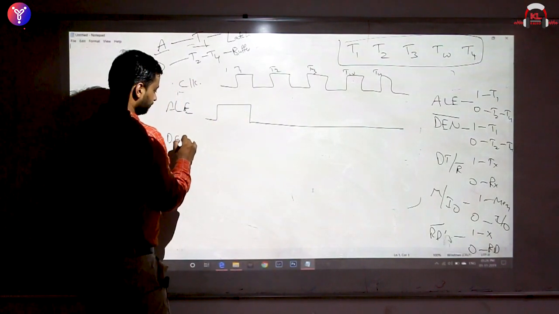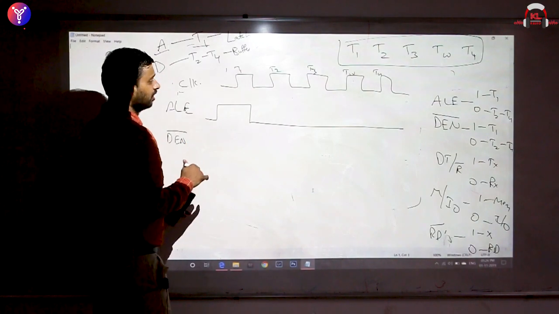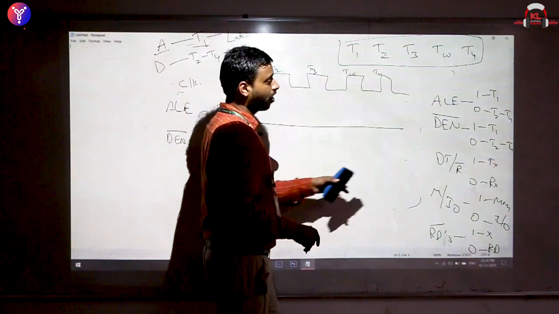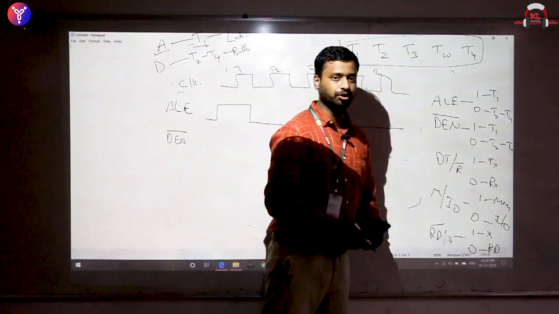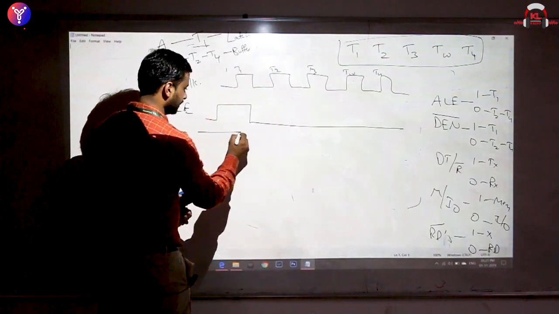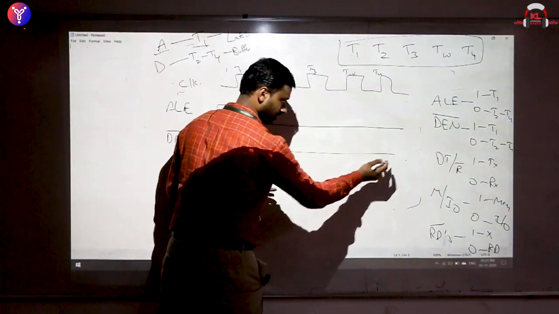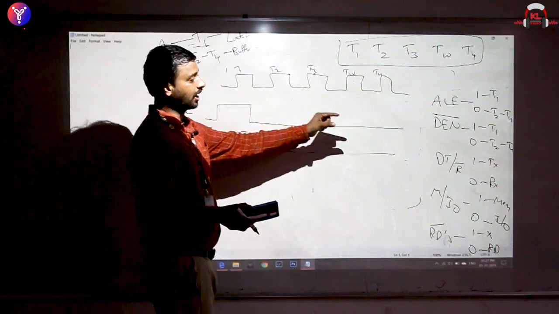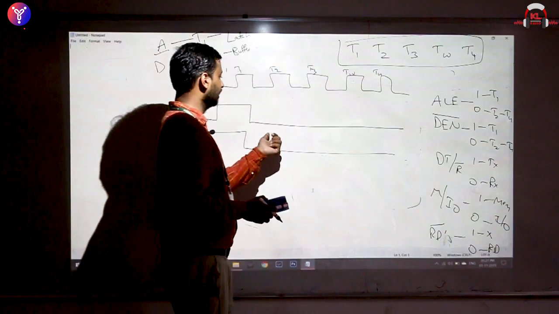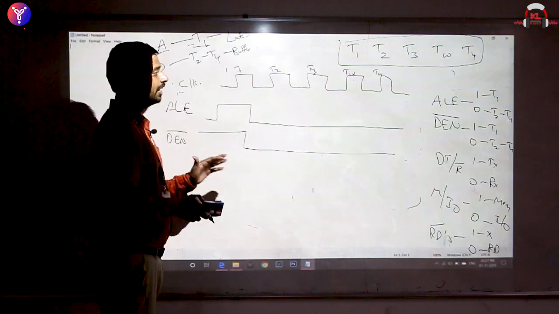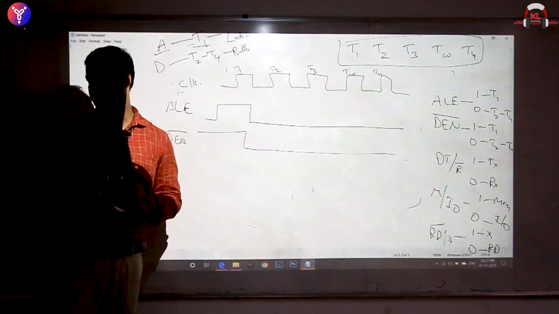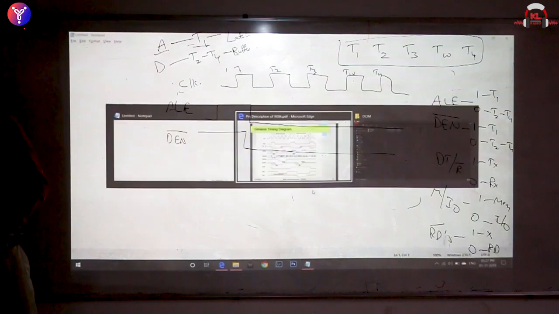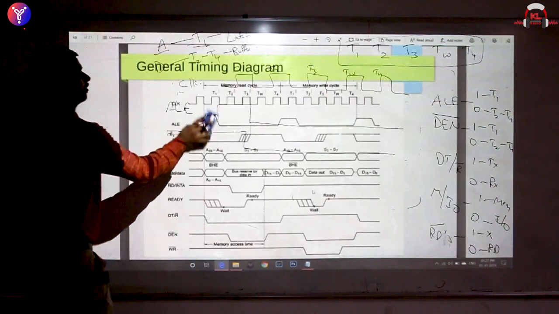And DEN bar is again on during T1 and off during T2 to T4. So understanding the way the timing works and representing it in the form of a diagram will end up creating your timing diagrams. There are pretty simple timing diagrams that we have.